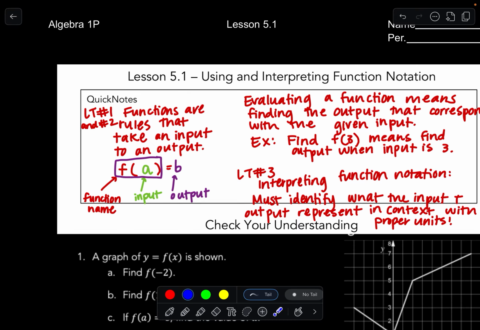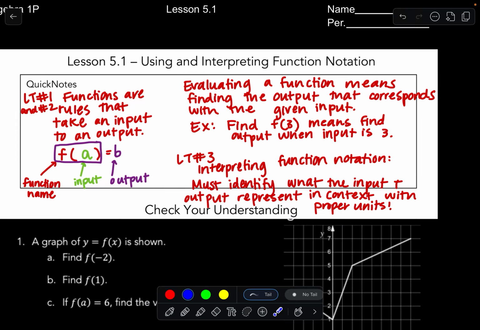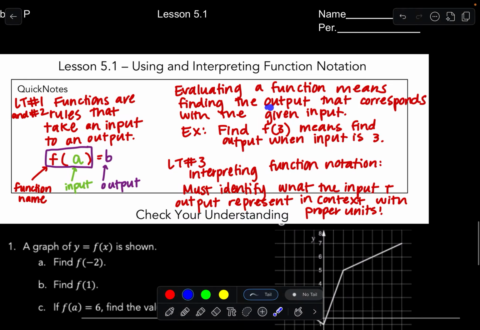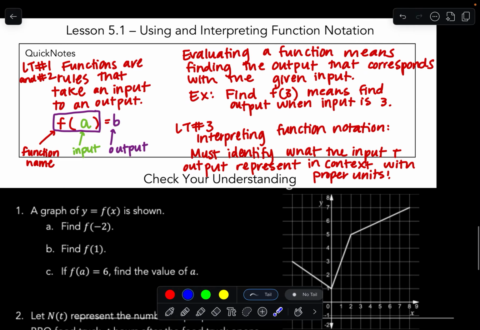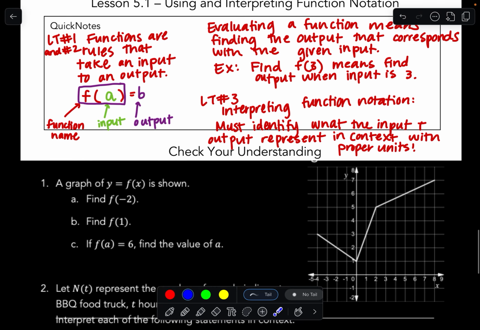And f is the function name. Evaluating a function means finding the output that corresponds with the given input. So find f evaluated at 3, or f of 3, means find the output when the input is 3. And interpreting function notation means you must identify what the input and output represent in context with proper units.